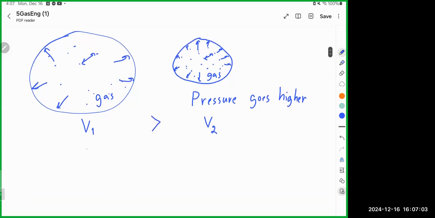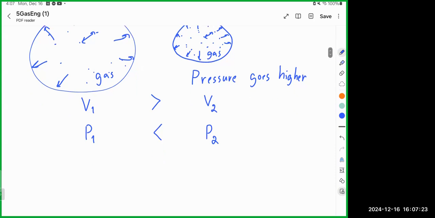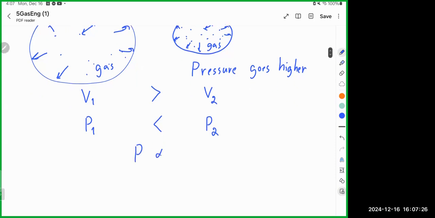And the pressure 1 must be less than the pressure 2, because the distance between the molecules is reduced, so they can collide with the surface more frequently. That is why we have this relation: the pressure is inversely proportional to the volume of the gas. And that is the first law.